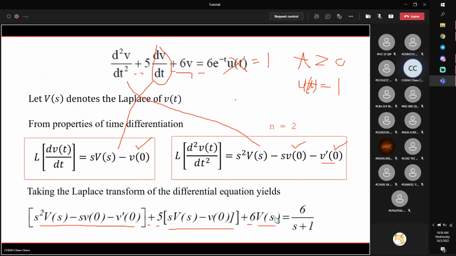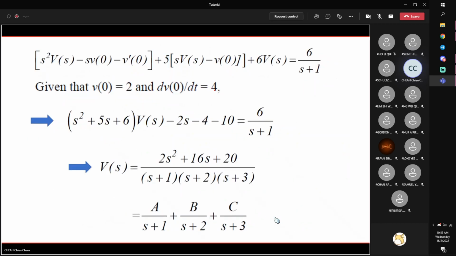Check the table. e to the power of negative t is 1 over s plus 1 in Laplace domain, multiplied by 6. Okay, look at this equation. There's no more differentiation now. It becomes what we call an algebraic equation, where I will group all the Vs, the solution, together.